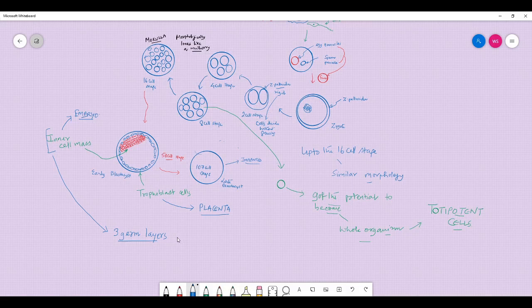What are the germ layers? The germ layers are ectoderm, mesoderm and endoderm.